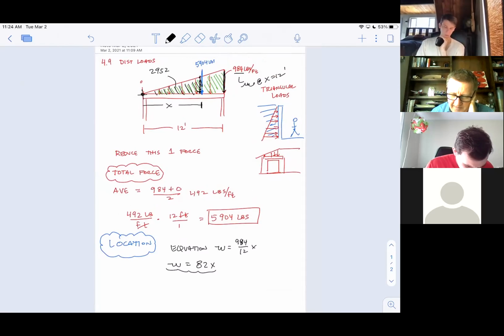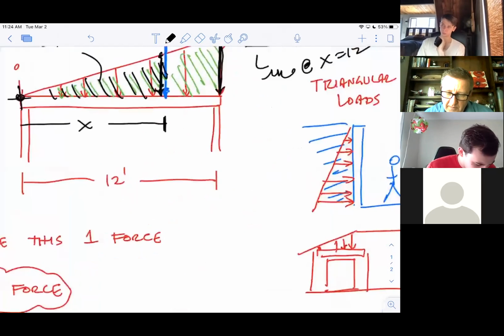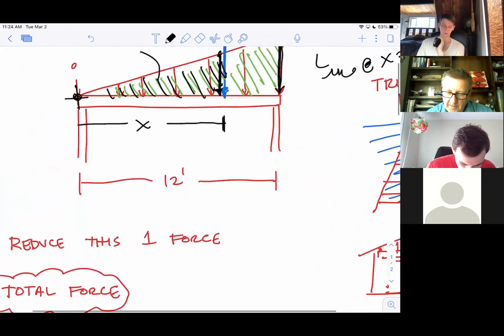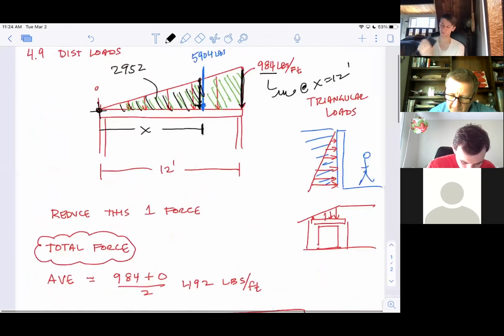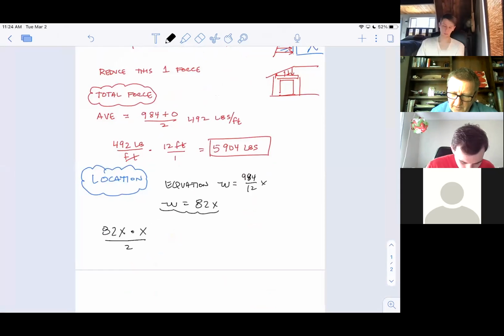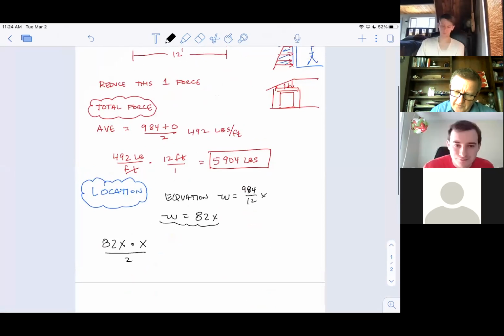So now I need that black area, which would be 82 times x, because that's the height of this black arrow. That's how tall that arrow is. Again, we don't know where that is, times a distance of x divided by 2. Isn't that the same thing we just did a second ago? It's identical.